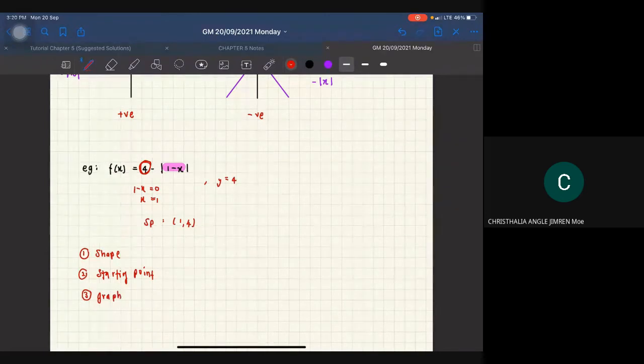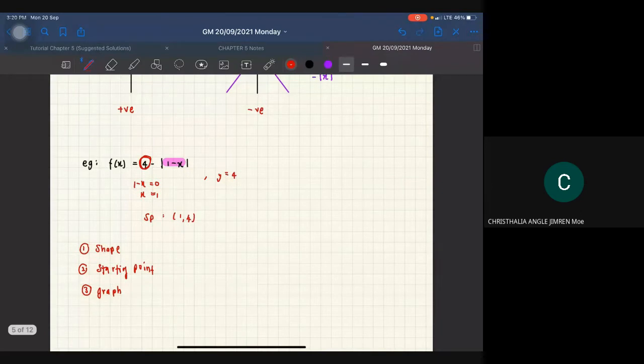Daripada graph sketching ni, barulah awak tahu graph awak tu ada tak x-intercept. Dia memang akan ada y-intercept, cuma x-intercept tu kita tak pasti. So awak lukis dulu graph, bila awak nampak ada x-intercept, baru awak cari dia punya x-intercept. Bila dia tak ada, tak perlu cari x-intercept, cari y-intercept sahaja. Itu sahaja. Boleh faham ke?